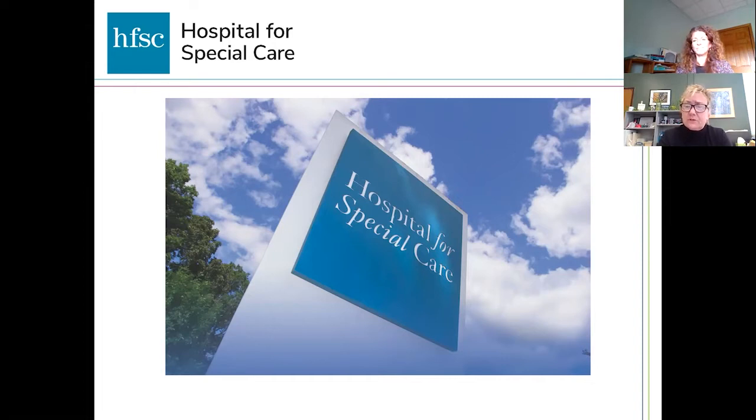The Hospital for Special Care is proud to have 8 centers of specialty, which include serving individuals, again, of all ages with spinal cord injury, traumatic brain injury, or acquired brain injury, medically complex pediatrics, neuromuscular conditions of a variety of nature, pulmonary care, which is how the hospital initially started.